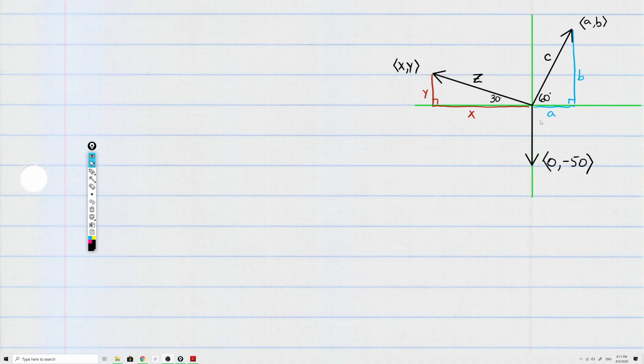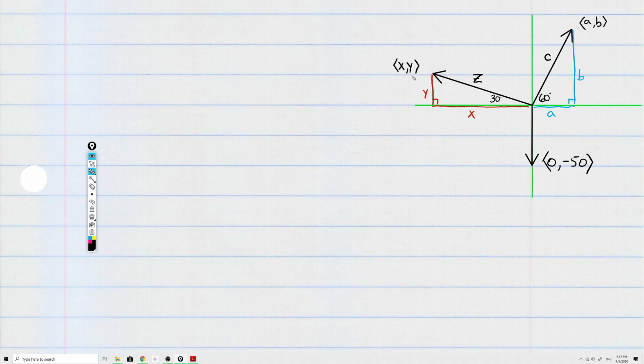We just make one observation, and that is this weight is not moving. It's supported in the air by the wires. So what that means is the net force on this weight is 0. If there was a net force on the weight, it would be accelerating. So we know the net force is 0, and that's the entire logic of this problem.